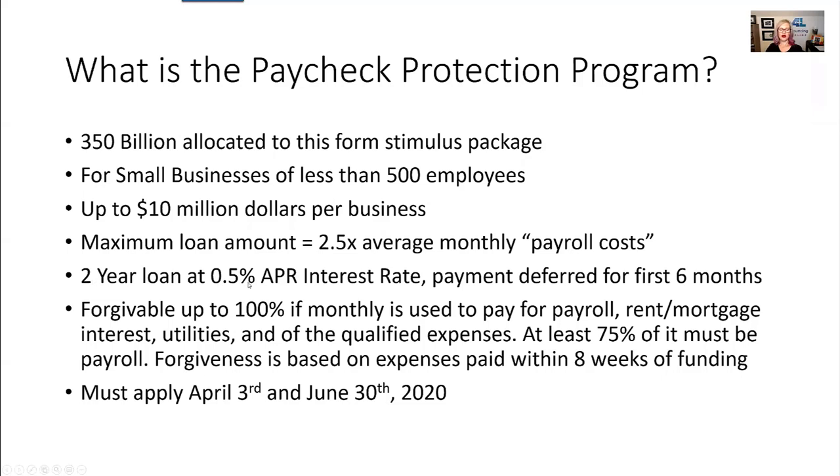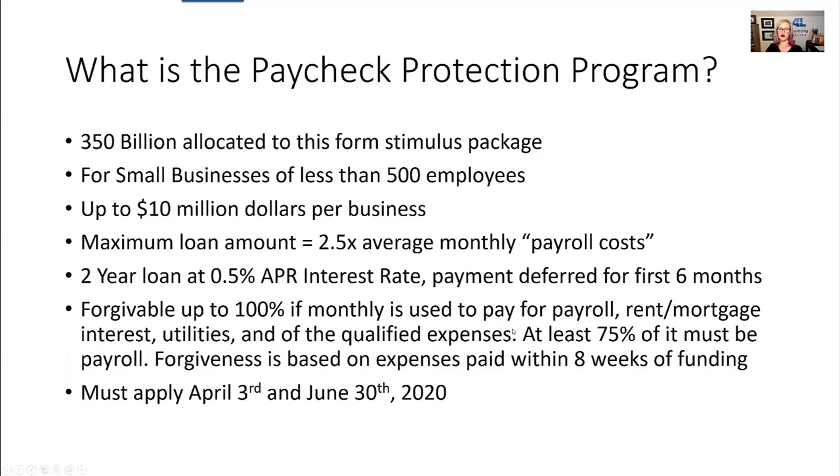The interest rate on the money, so if you got this loan and then you did not get the total forgiveness, it's cheap money. So the stakes are pretty low here. You have 2 years to pay it back at 0.5%. The other thing that we know about this is if you do use it for payroll, 100% of it is forgivable.